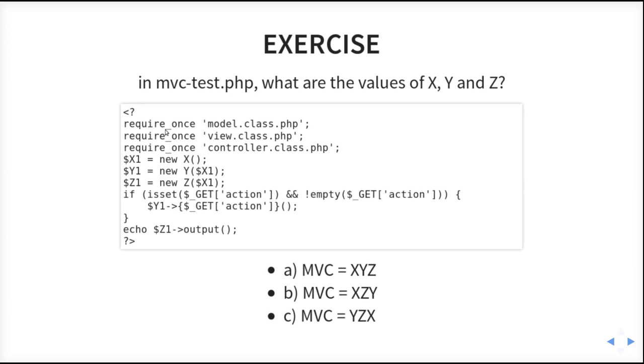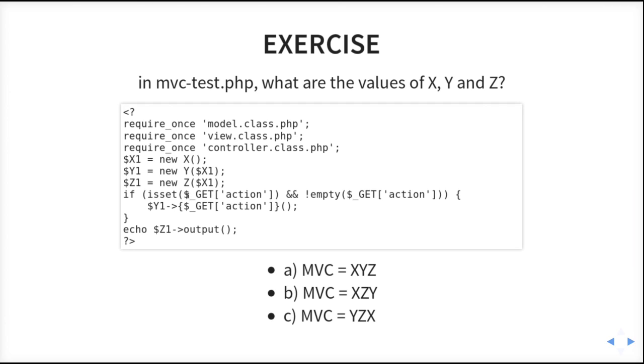So what we've got here is we set up something, the X, we set up something else, the Y, to which we pass the new X which we've instantiated, and we also set up a Z which gets passed the X that we instantiated, and then we've got a little bit of a control structure which you can see, very much like our real code, is responding to parameters passed in a GET request.